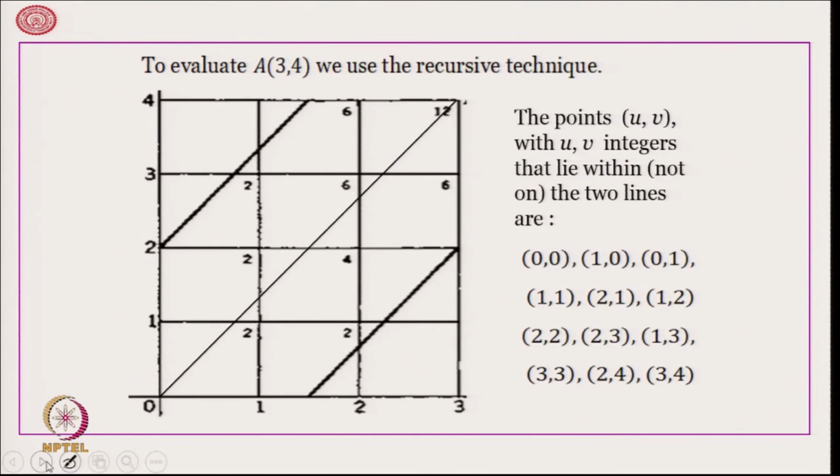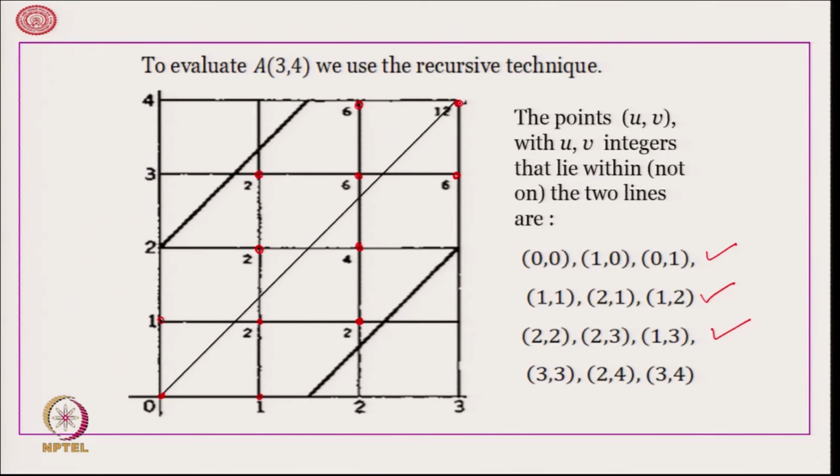So, let us see which are the points that are completely within the region: 0 0, 1 0, 0 1, 1 1, 2 1 and 1 2, 2 2, 2 3 and 1 3 and 3 3, 2 4 and finally 3 4.